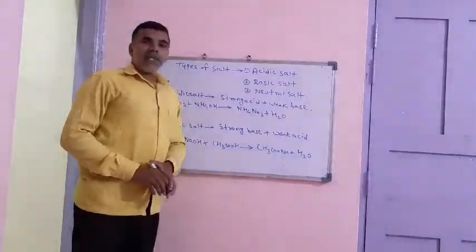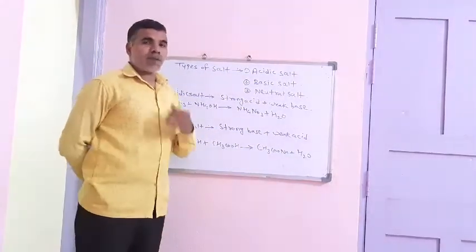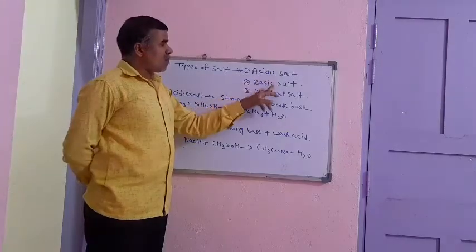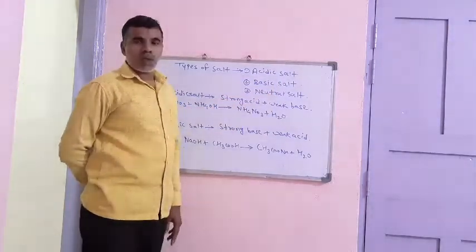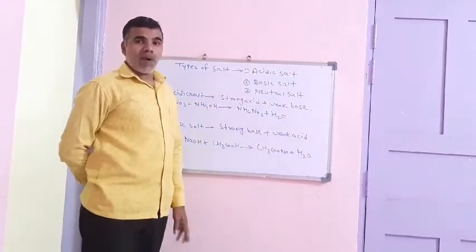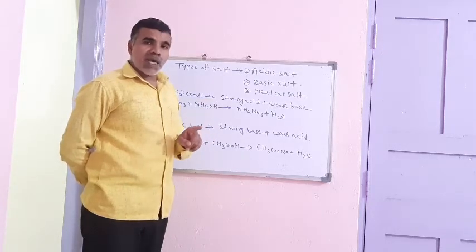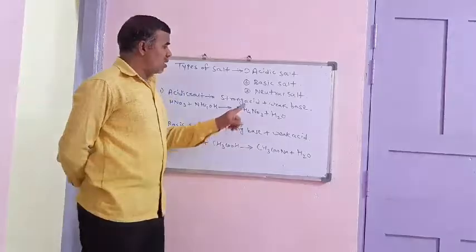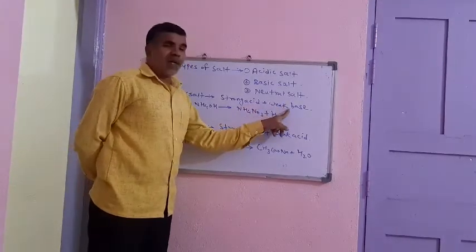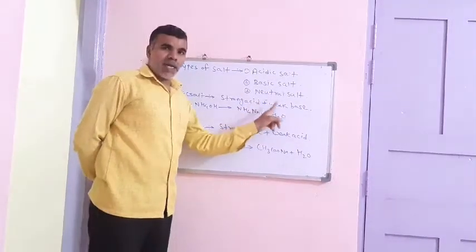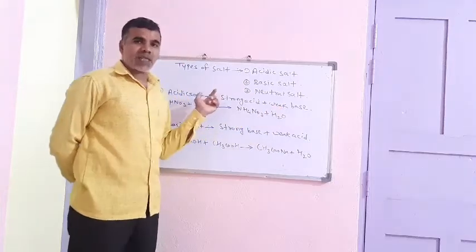Look at this. Types of salt आपण घेतले 3. There are 3 types of salt: acidic salt, basic salt आणि neutral salt. Acidic salt केव्हा मिळतात? Acidic salt is formed by neutralization reaction between strong acid and weak base. We get the acidic salt.